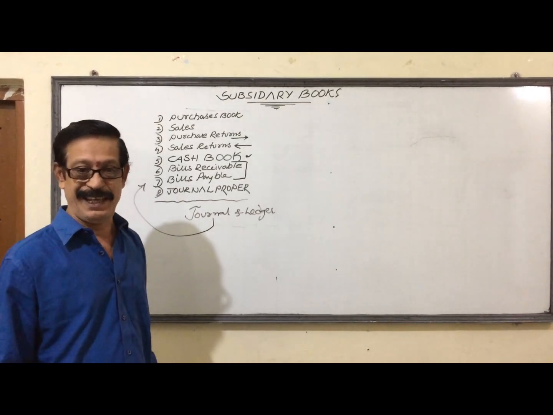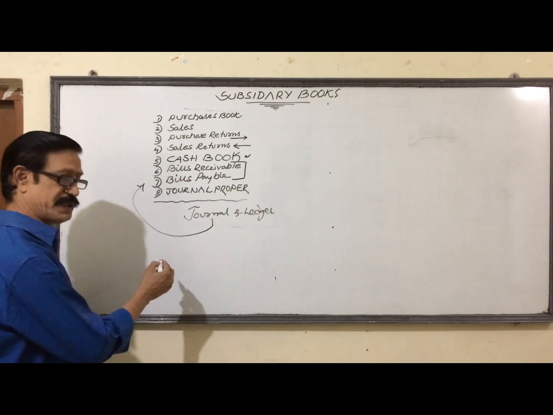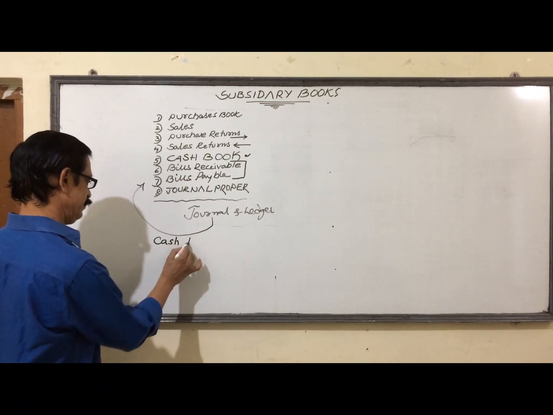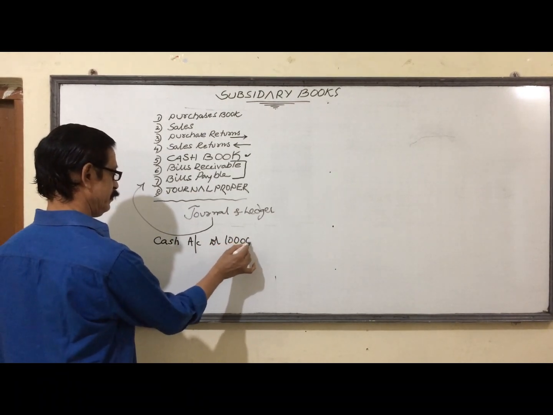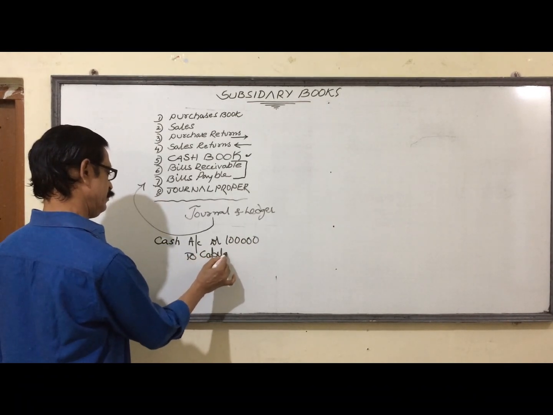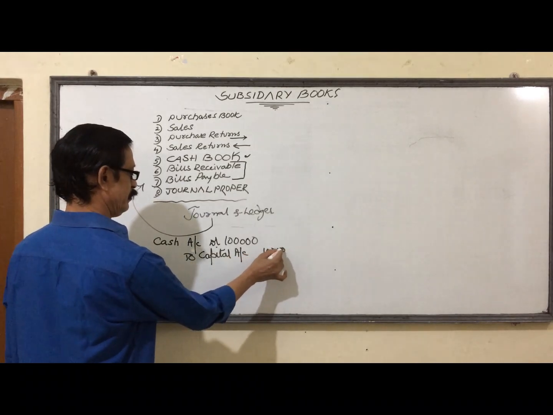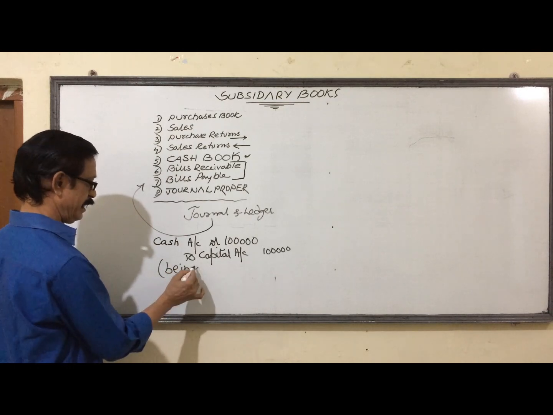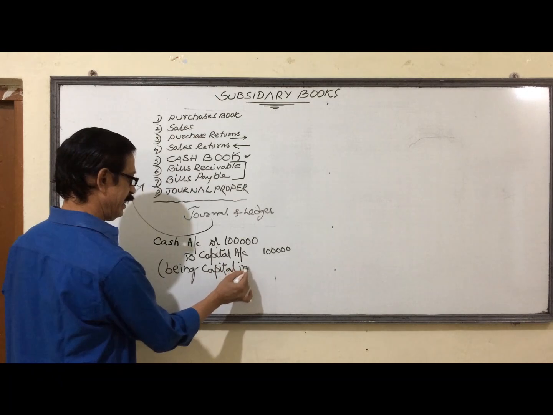So there are all these problems in journal. Not only that, suppose we introduced capital in the business: cash account debit, to capital account credit, being capital introduced.